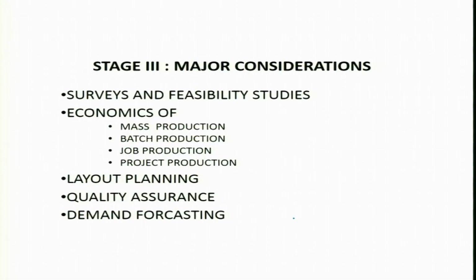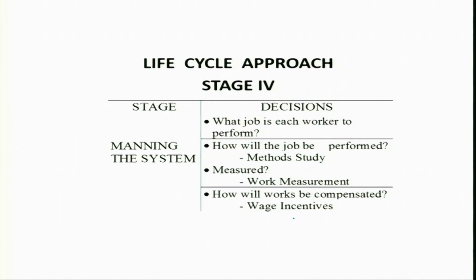at this stage. Now, coming to life cycle stage 4, my technology part is done, I have to do the manpower planning. So, manning of the system: how many persons are required, what job each person is going to perform, what type of skills are required and so on.